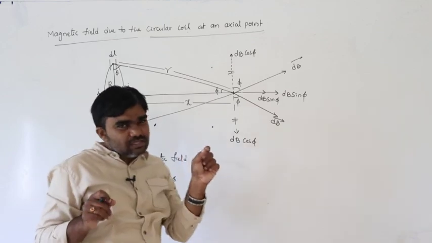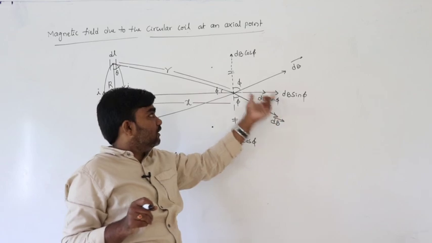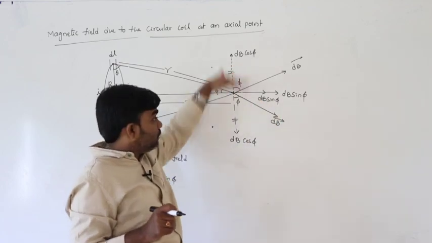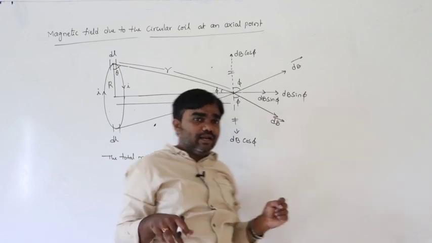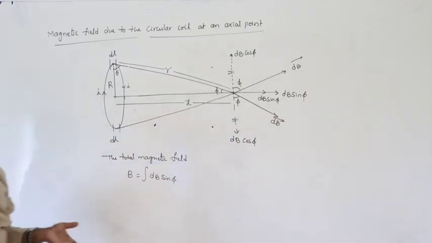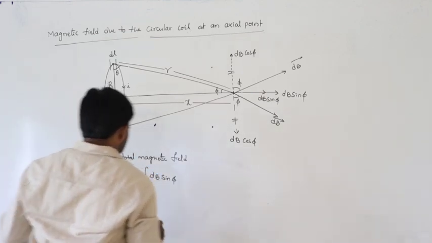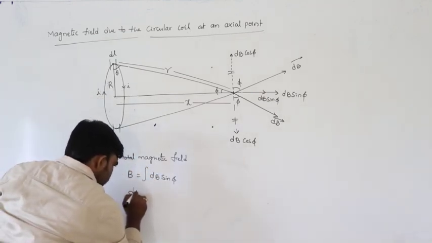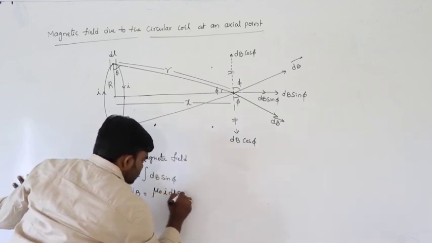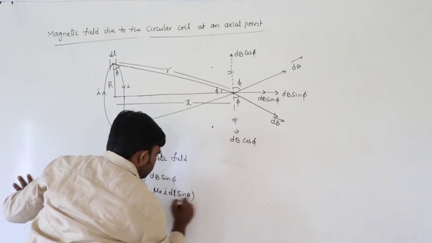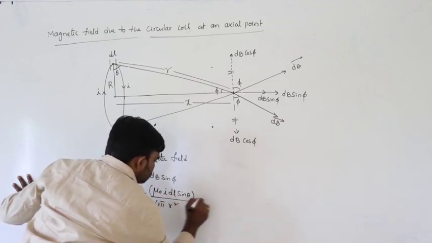Magnetic field is a vector quantity. We can resolve this dB into two components, dB cos phi and dB sin phi. Perpendicular components must be cancelled and the horizontal components must be added up. So adding means I am just considering the integral of dB sin phi. But according to Biot-Savart's law, dB can be written as mu naught I dl sin theta by 4 pi r square.